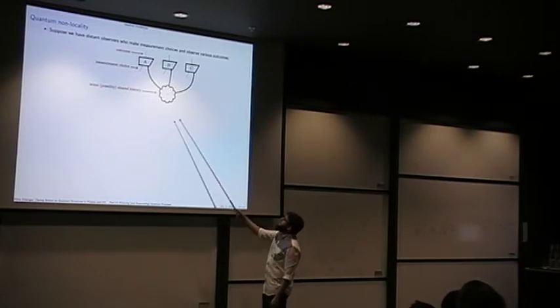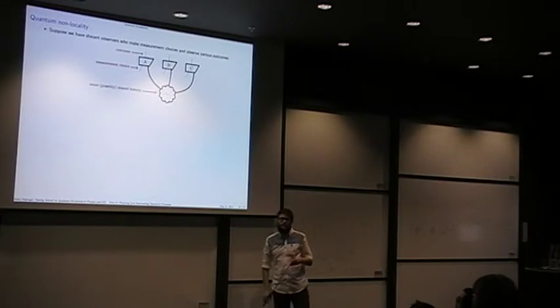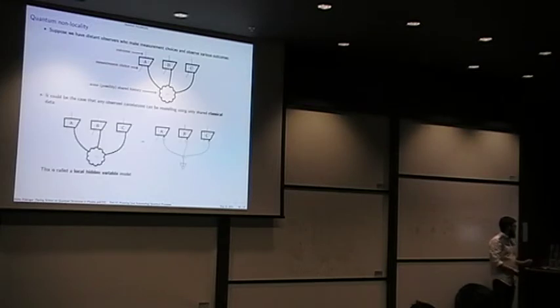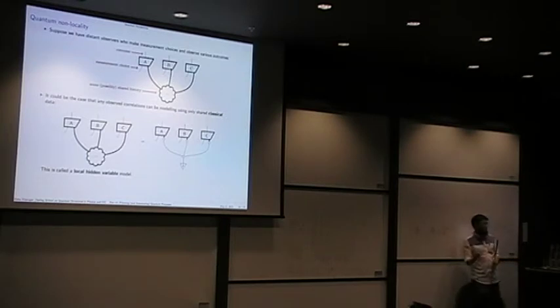And they're making some measurement choices, and they're observing various outcomes. Now, it could be the case that any correlations that they observe when they make these measurements are due to the fact that they just have some shared classical resource, right? So that there's no strange action at a distance happening.